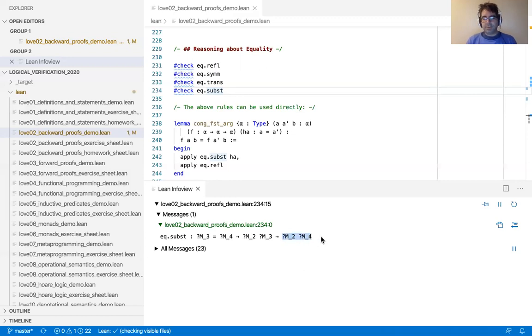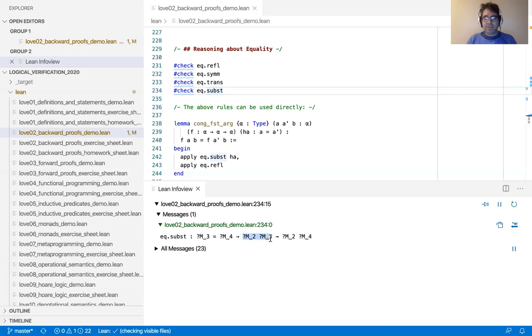So you can think really of this as some arbitrary term that contains some M4, one or more or zero or more instances, occurrences of M4 in it. This is the proper way to read something like this in a higher order logic, such as dependent type theory. And this is something that's explained with more care in the Hitchhiker's Guide.